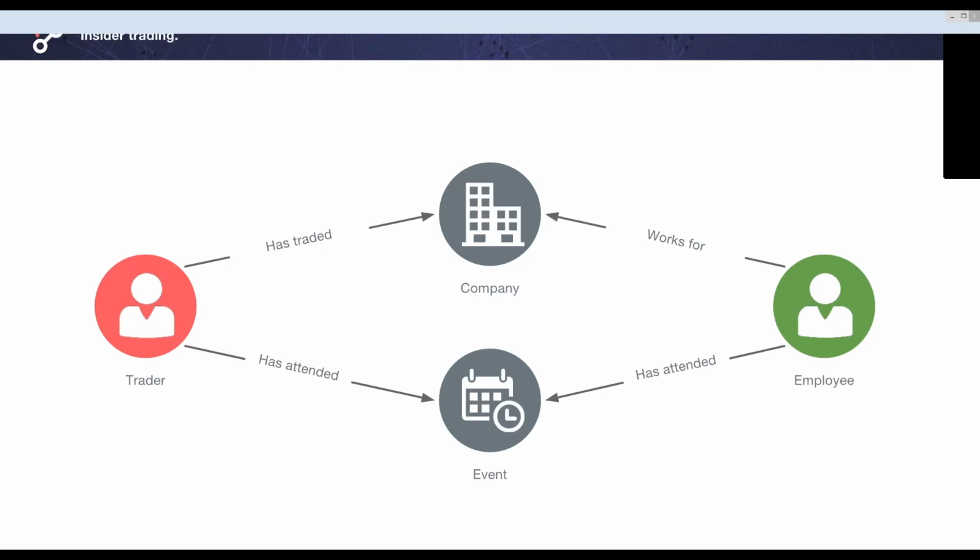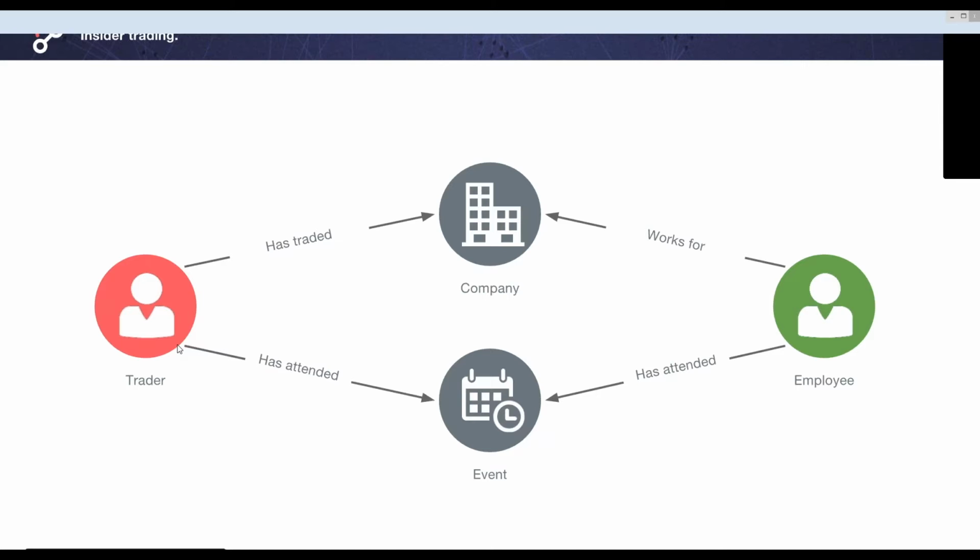Finally, in insider trading, we are also in dire need of understanding and spotting suspicious connections. Here, for example, we get an example of an insider trading case, and we have a trader who has traded the stock of a company where an employee works, and that same employee has attended the same event as the trader.